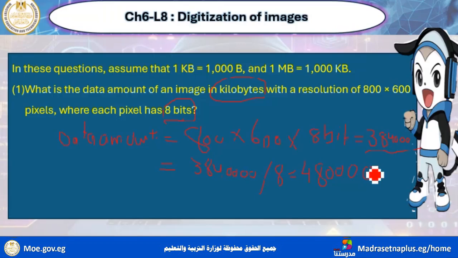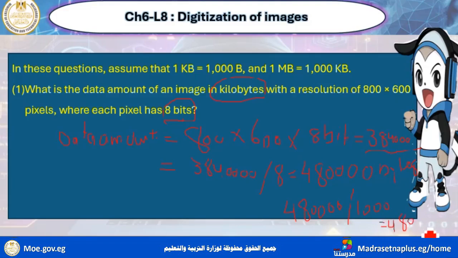Then we should divide it by 1000 because this is in bytes. If we want to divide it by 1000, we should remove 3 zeros to get the final result, which is 480.